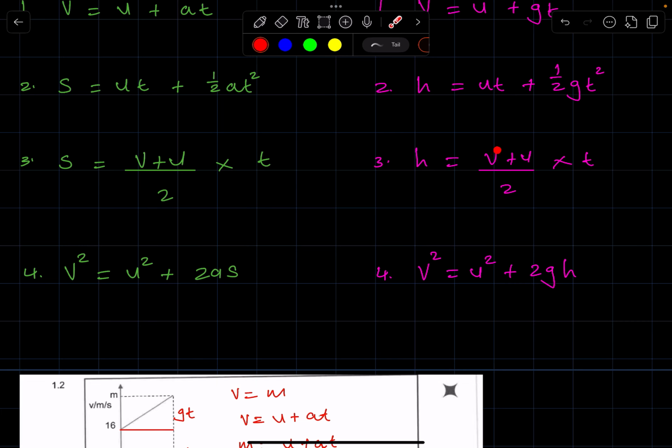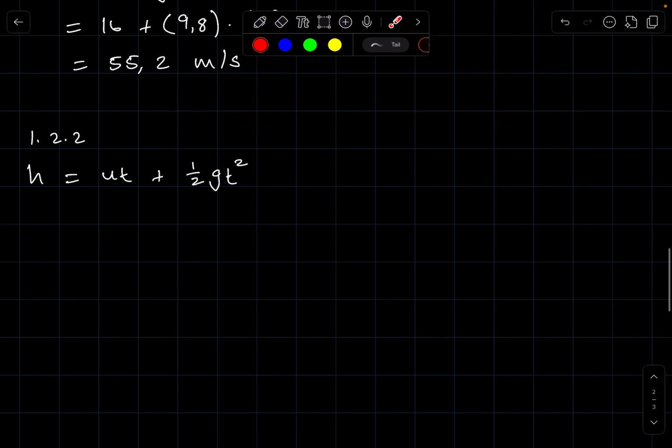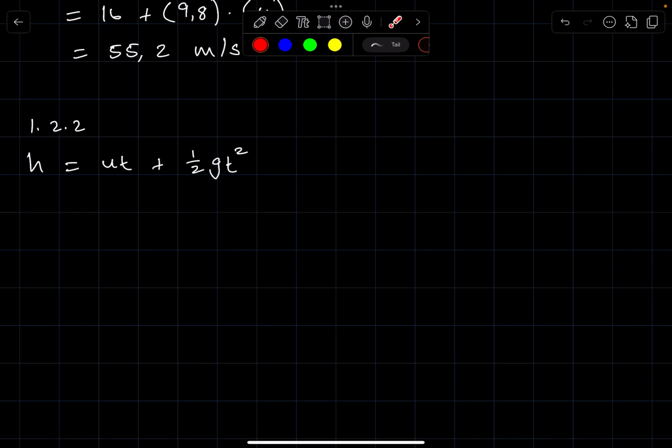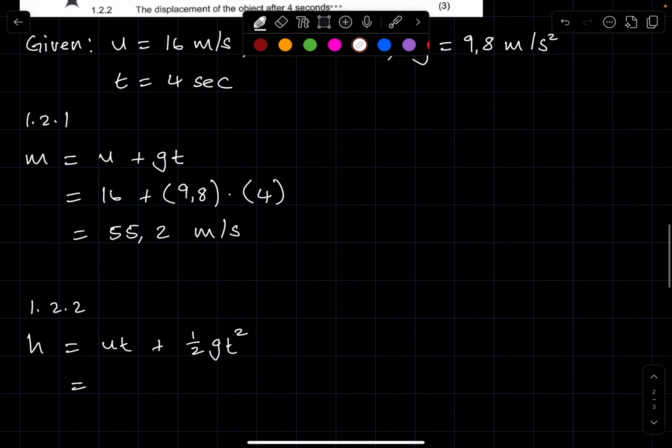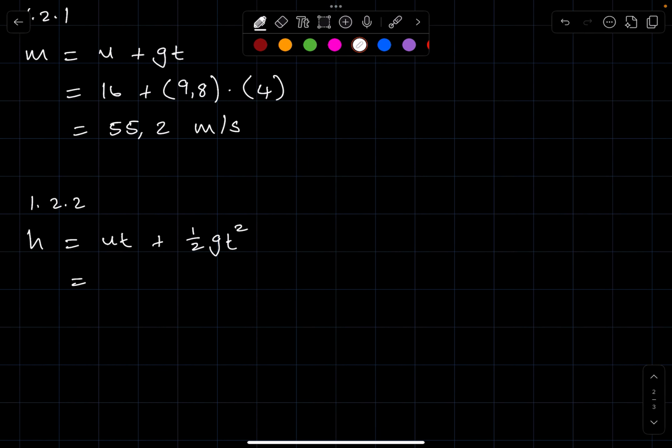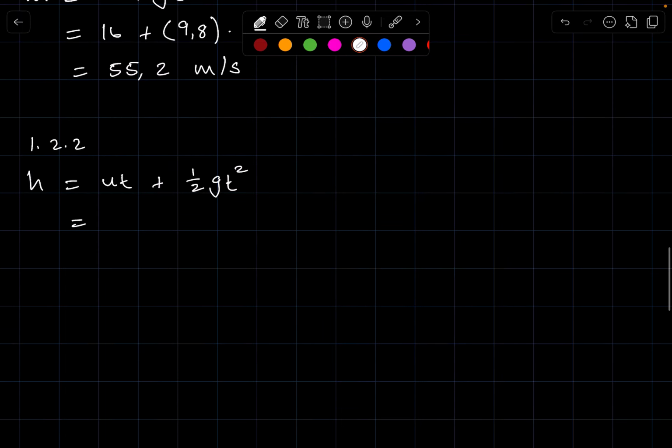So if our m is correct, we should get the same h that we get when using this equation of motion. And we have u and we have t. So substituting. Remember, the question is to determine the displacement of the object after 4 seconds. We said displacement along the horizontal plane is denoted as s, along the vertical plane is denoted as h.